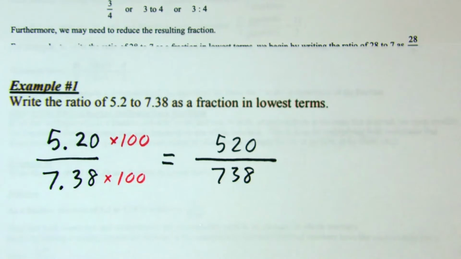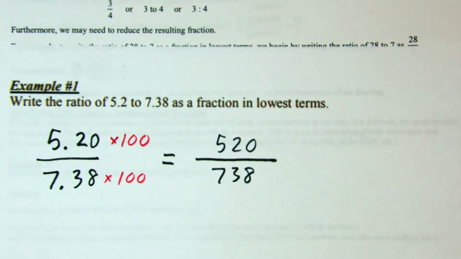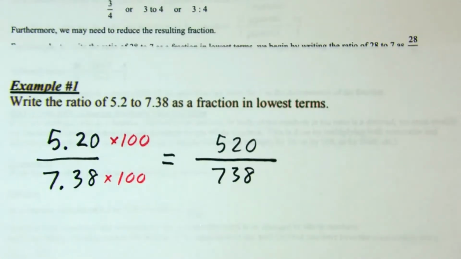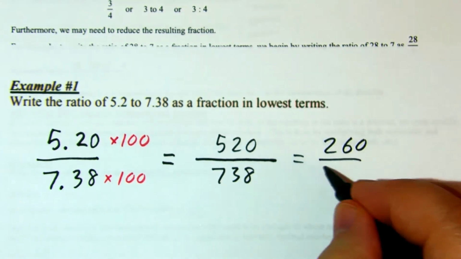Okay? And now we have to reduce this fraction if possible. This is where you would ask yourself, what divides the top and bottom evenly if we were doing this the hard way? But we have a calculator that can help us. So that reduces to 260 over 369.